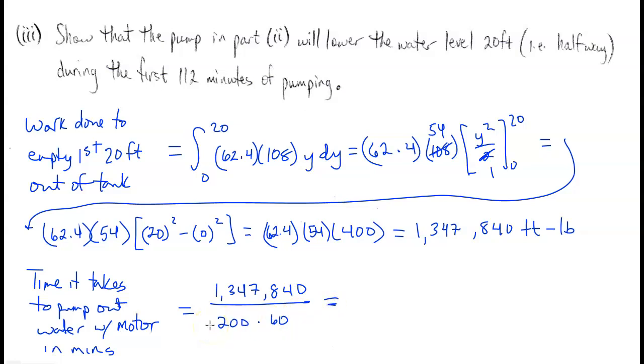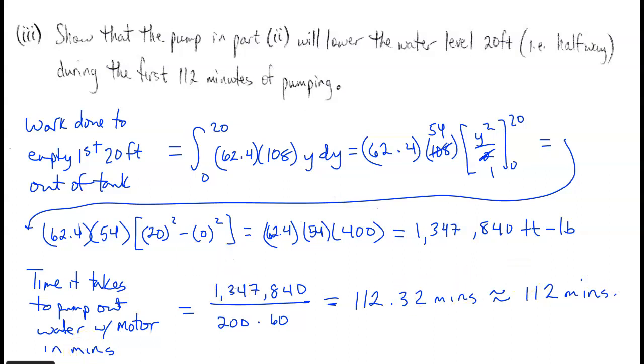If you remember that from last time, that pretty much gave us what we needed to know. So if we take this amount divided by 12,000, because that's what 200 times 60 is going to be, we get 112.32 minutes, which is roughly 112 minutes. Okay, so that's how we get that particular answer.